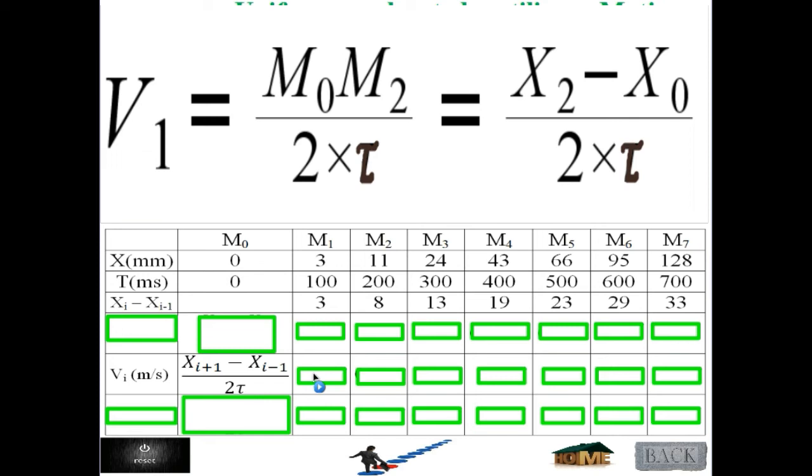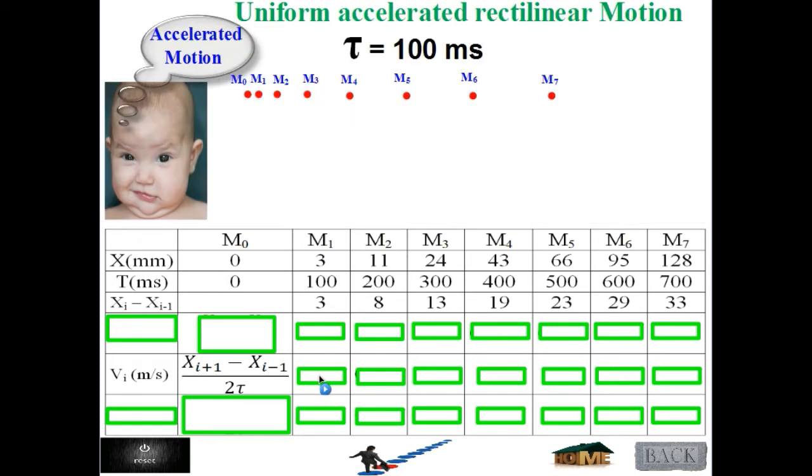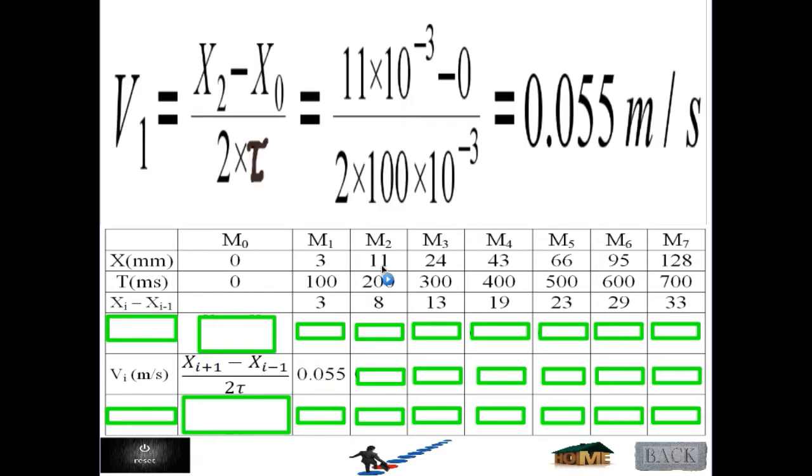V1, I will use x2 minus x0 over 2 tau. That means 11 minus 0 millimeter, times 10 to the power minus 3, over 2 tau.